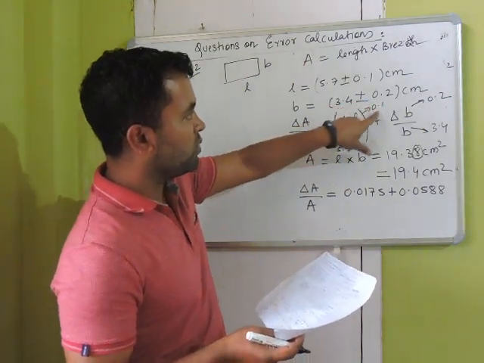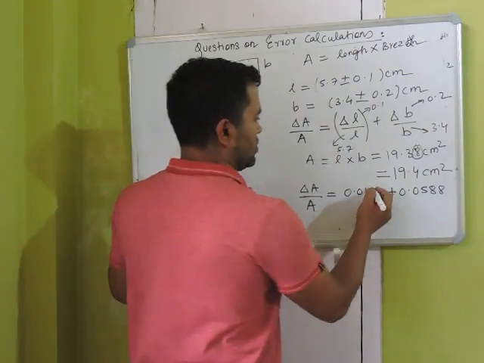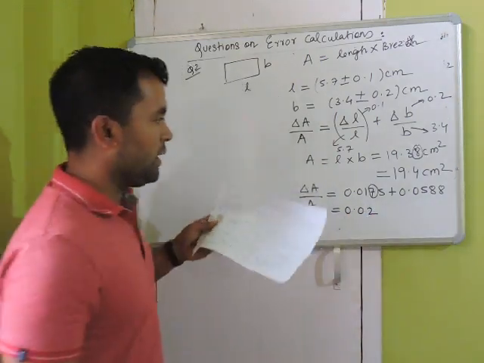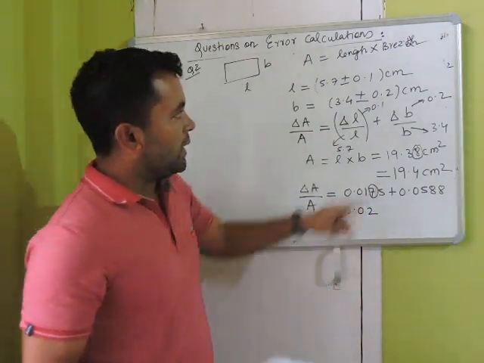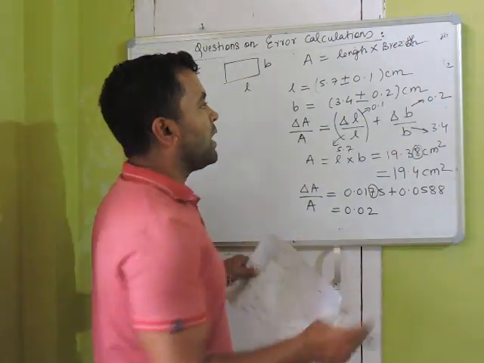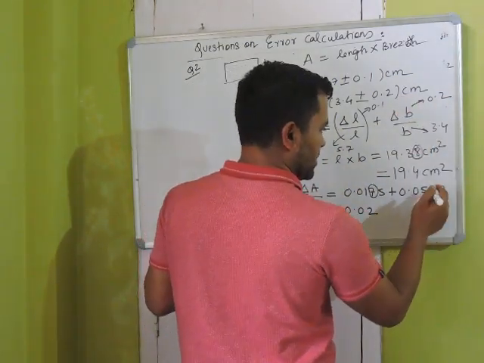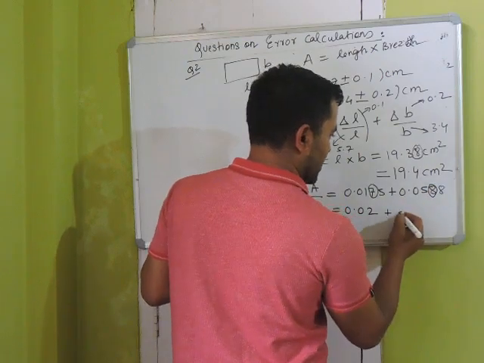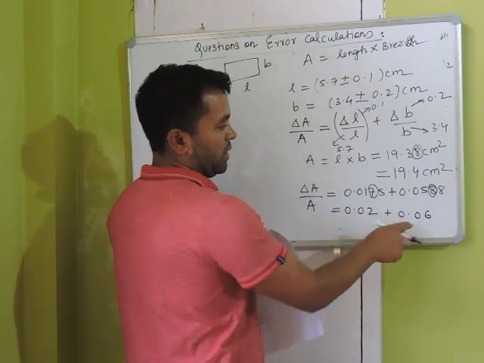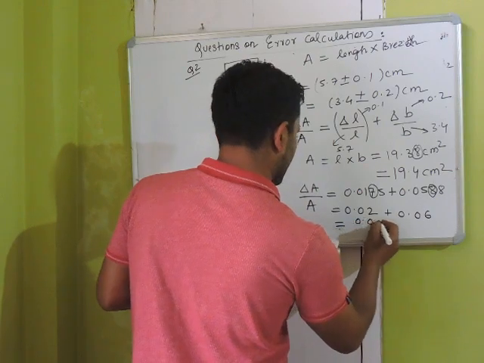I will report it up to only one significant figure, so I have to drop this. If I round it off, this will be 0.02, right? Then again, this has the least significant figures, so my answer will be up to one significant figure only. So I have to drop this, and it will increase by 0.6. Rounding off, this gives you 0.08.